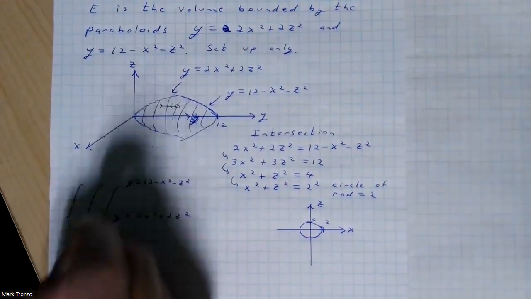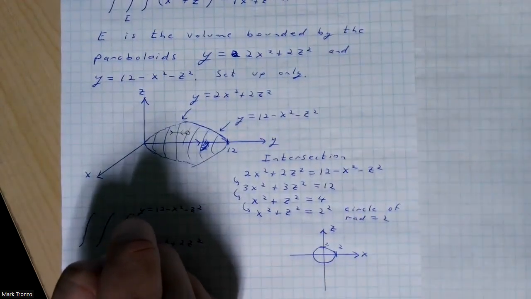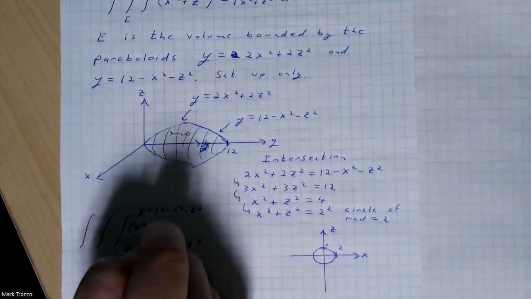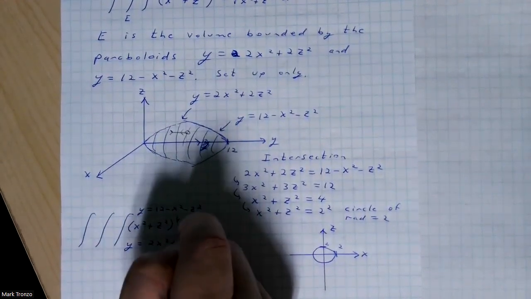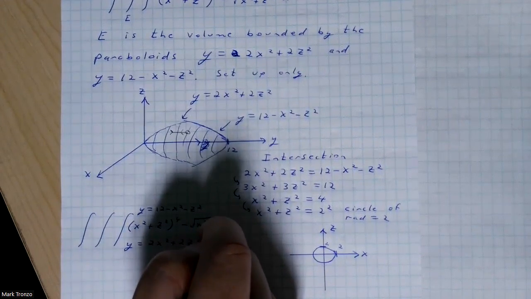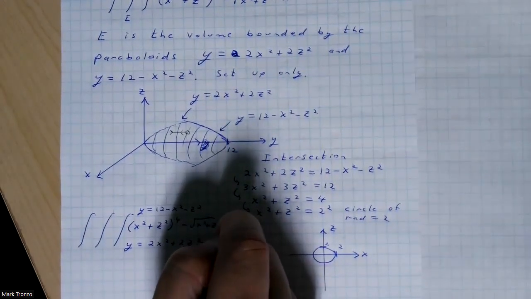So for the moment, we're just going to write that down. This is going to be x squared plus z squared to the 4th minus square root of x squared plus z squared dV.